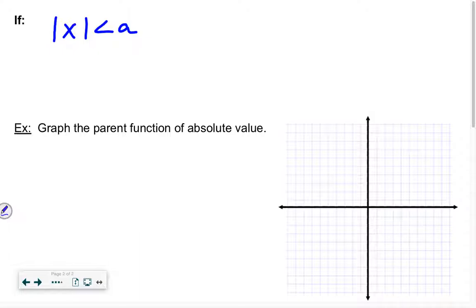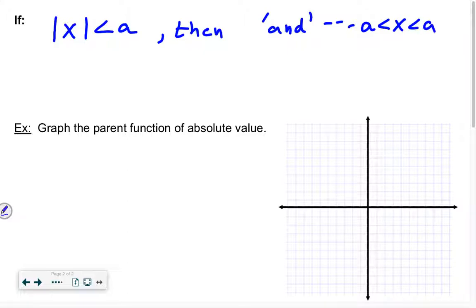The absolute value of something less than that value A. If we have that scenario, then that's considered to be an AND scenario. An AND scenario, again, is our compound inequality, or the sandwich inequality, where we are sandwiched between those 2 values, negative A and A.